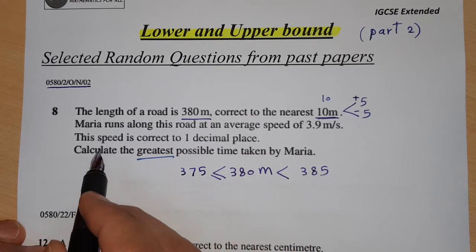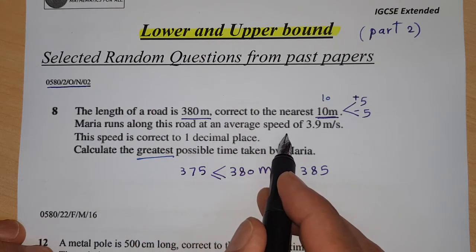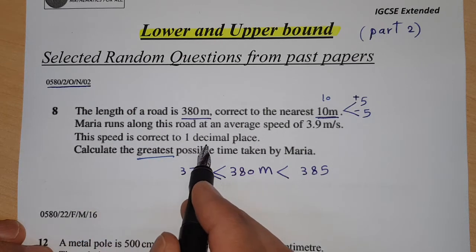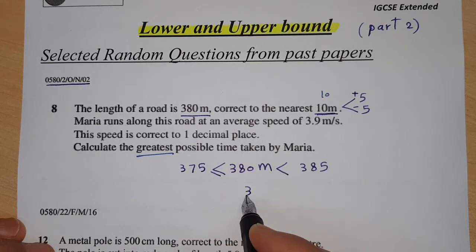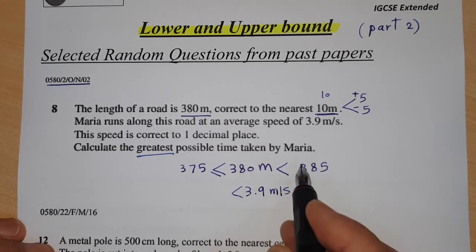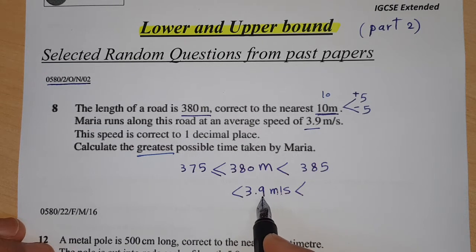Maria runs along this road at an average speed of 3.9 meters per second. This speed is correct to one decimal place. 3.9 meters per second lies between numbers also correct to one decimal place.